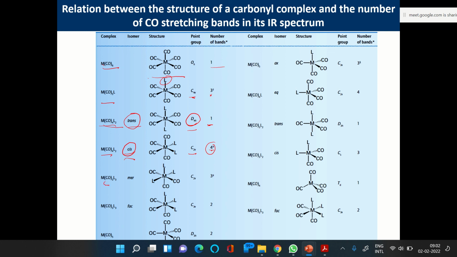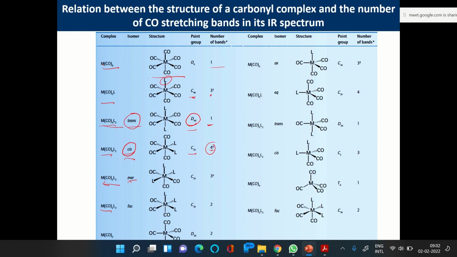then you go to MCO3L3. So there will be two isomers, FAC and MER. The FAC isomer is facial: three ligands on one face of the octahedron, L, L, L at the three corners of a triangle. There are 6 such faces. Now you know what an octahedron is: the name comes from 8 faces.